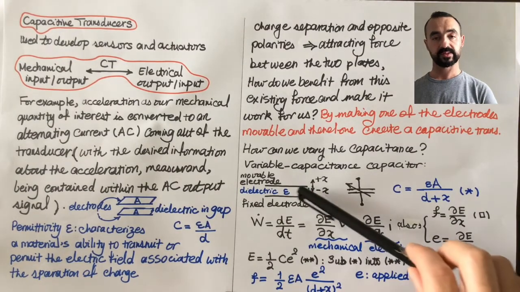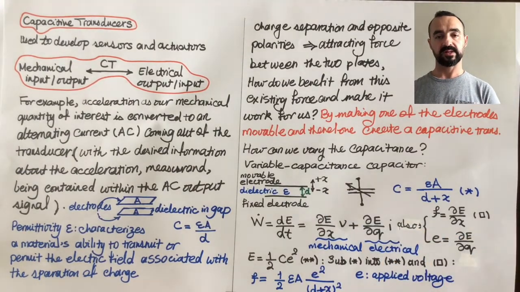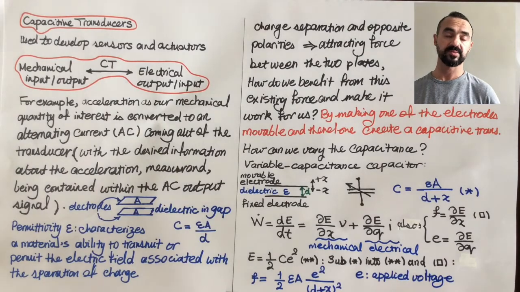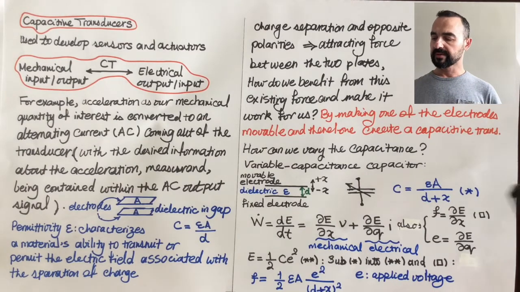Once we let one of these plates, electrodes, move up and down, we have a mechanical force applied to the plate that is now moving, and work is done by the force. So we have computed the capacitance.